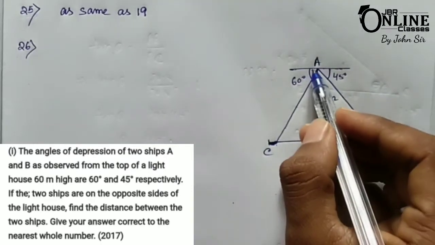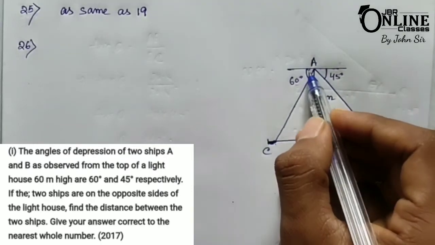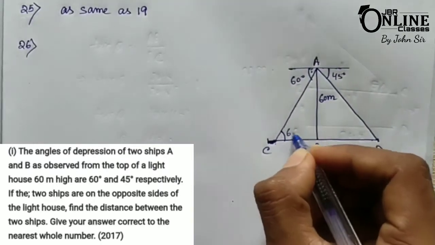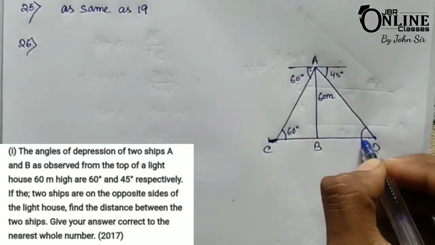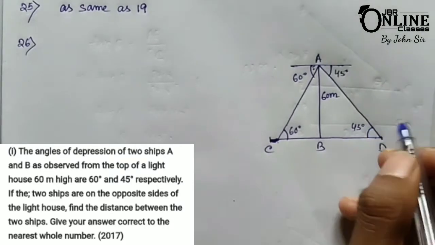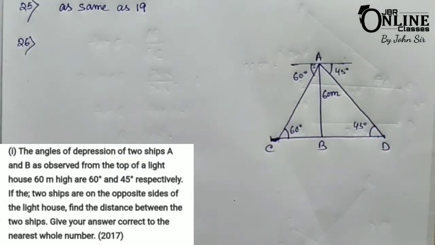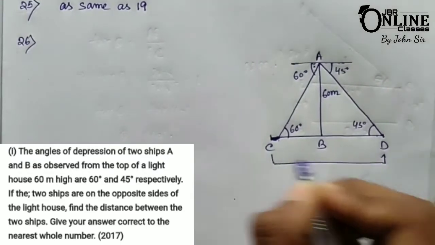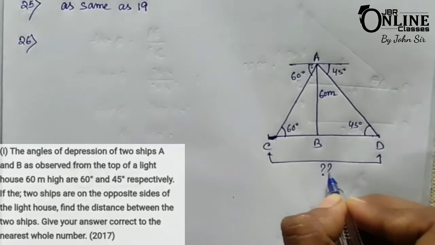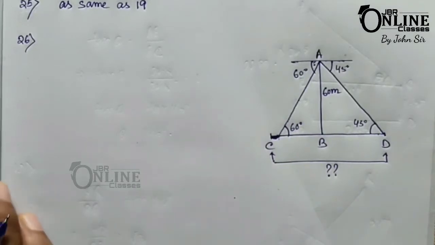Here 60 degree is the angle of depression, and the alternate angle of this one is also 60. Here the angle of depression is 45 degree, so the alternate angle is also 45 degree. Now you have to find the distance between the two ships, that means the distance between C and D, correct up to the nearest whole number.